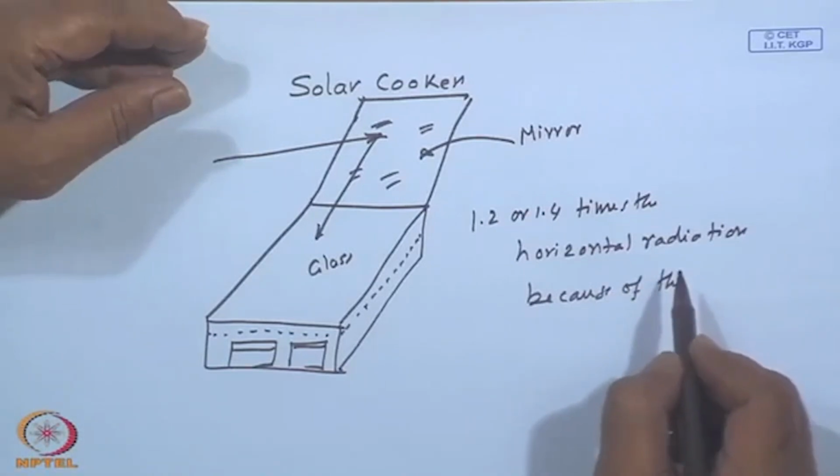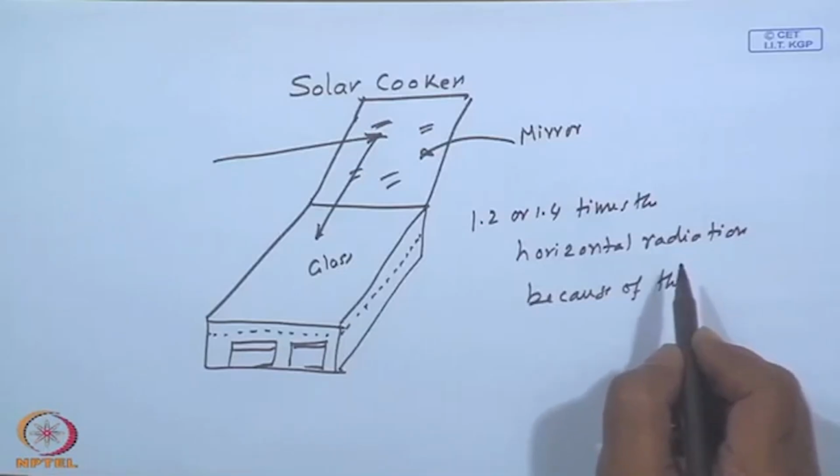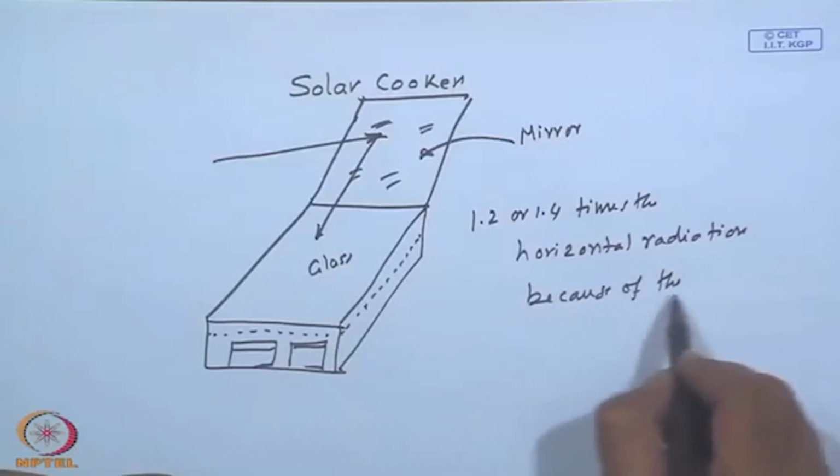If you recall, in our flat plate collector technology, you can increase the solar radiation falling on the flat plate collector with a mirror booster. That is exactly what we are doing here.